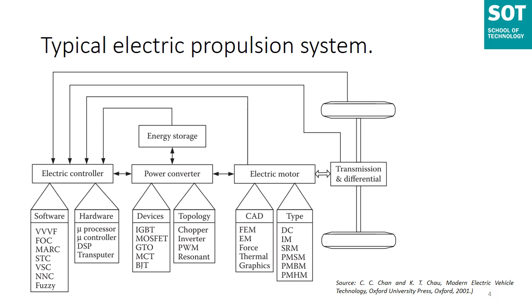Vehicle constraints means the volume, the weight, the type of the vehicle, and the payload. Third point, source of energy generation. Energy source relates to batteries, fuel cells, ultracapacitors, flywheels, and other hybrid sources.